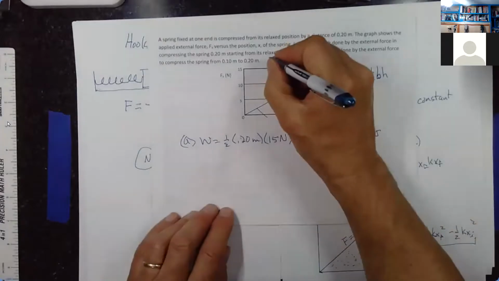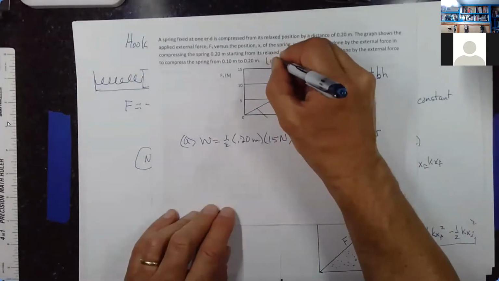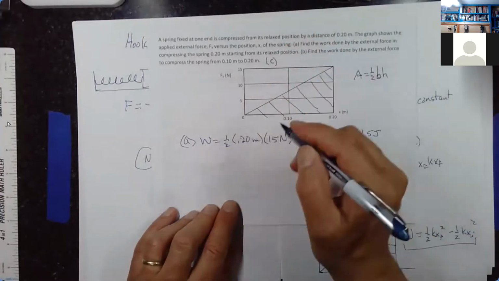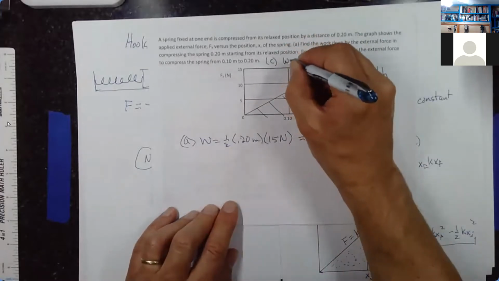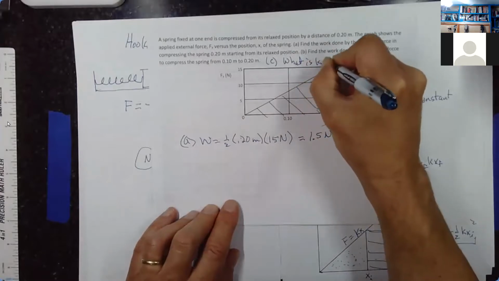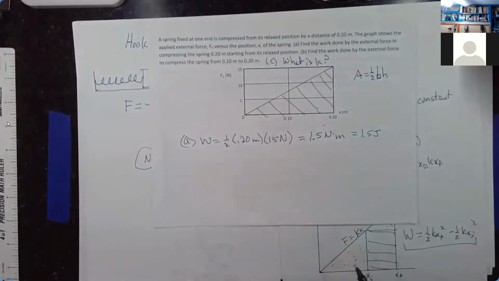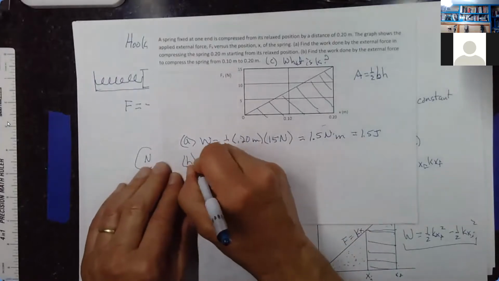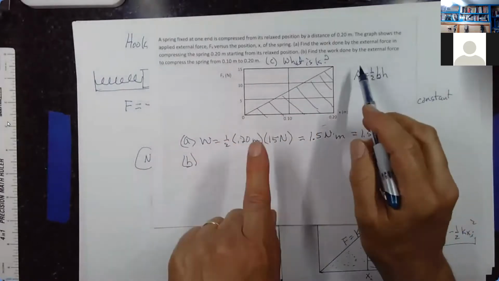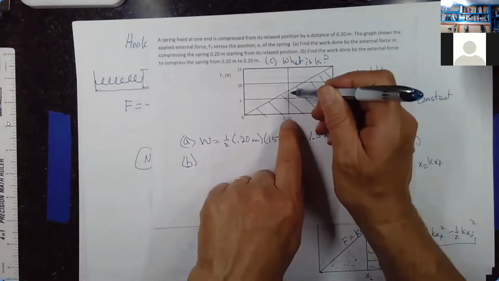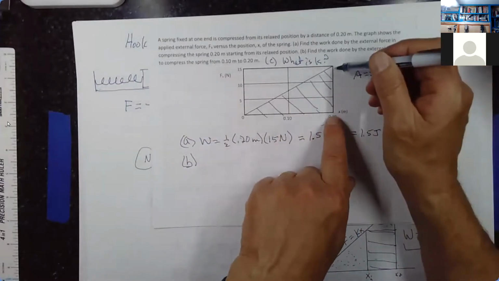I'm going to add a part C to this thing. And that's going to be what is k, the spring constant, which we can figure out. For part B, find the work done by the external force to compress the spring from 0.10 meters to 0.20 meters.